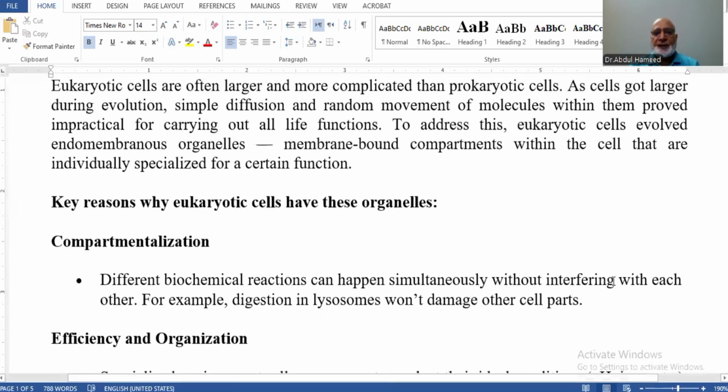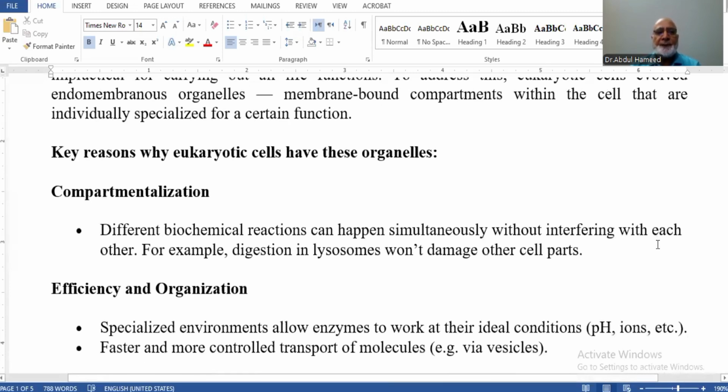What are the key reasons to possess these sort of organelles in eukaryotic cells? Number one is the compartmentalization. Different biochemical reactions can happen simultaneously without interfering with each other.